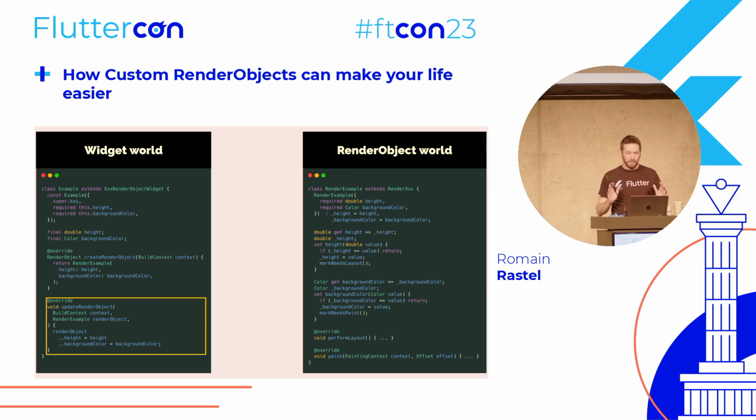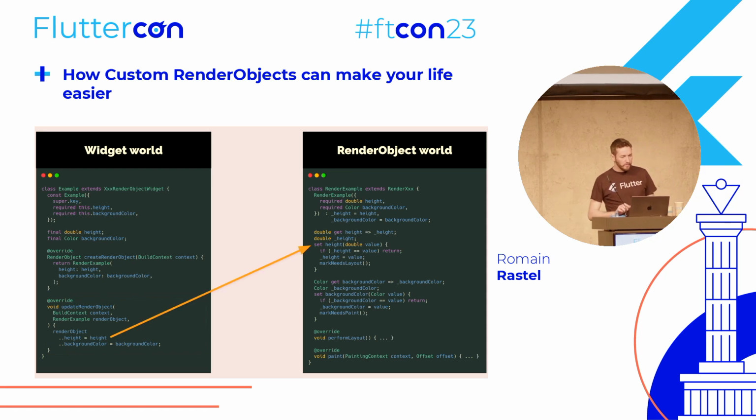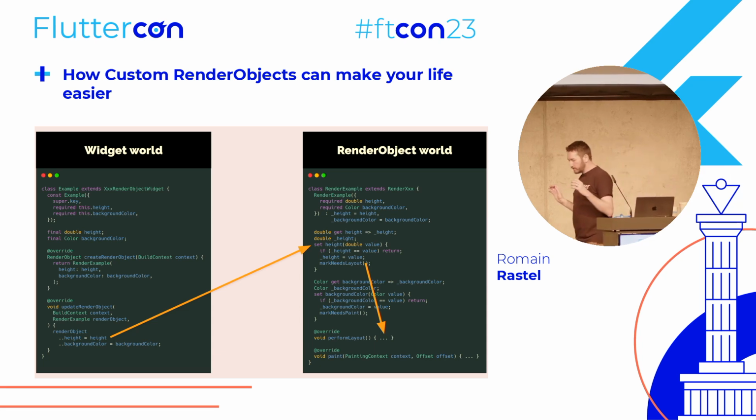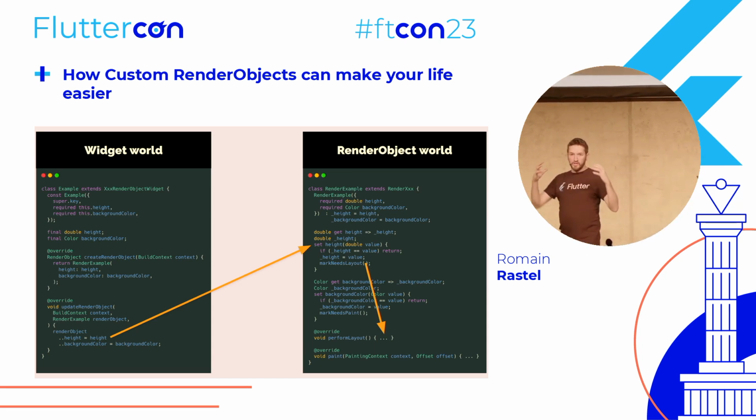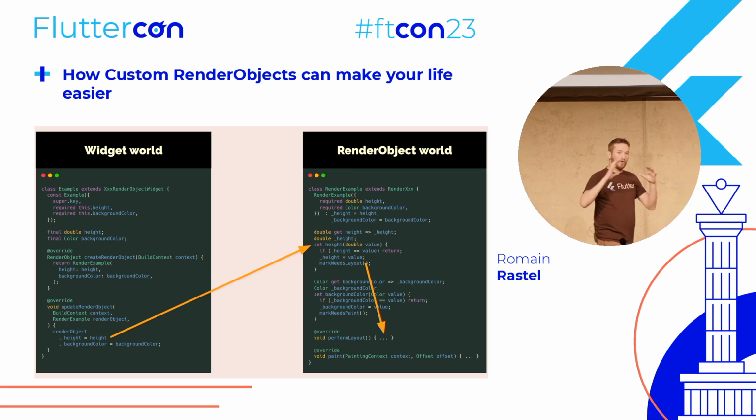What I love here is the granularity of what to do when a property changes. For example, here, when we mutate the height, and only when the height is different from the one before, we will call a method in Flutter called markNeedsLayout. This method will tell Flutter that the layout of the widget has changed, our size has changed, or maybe other things, and we have to recompute all the layout.